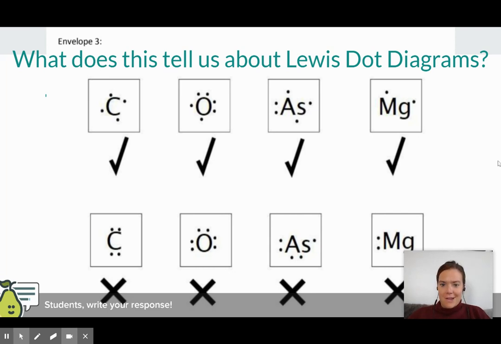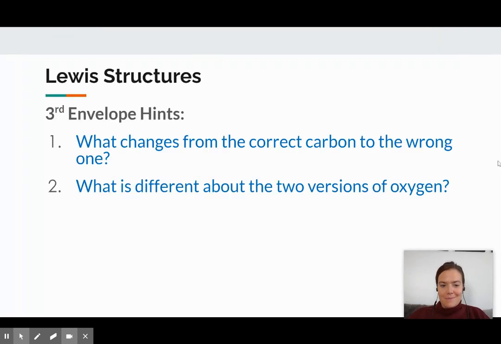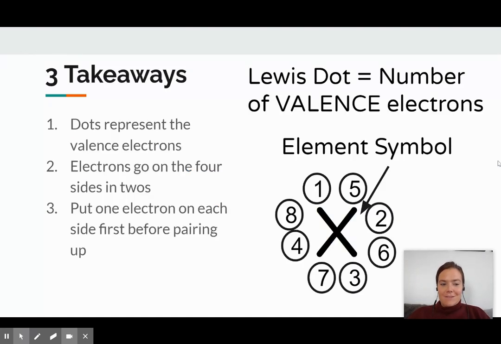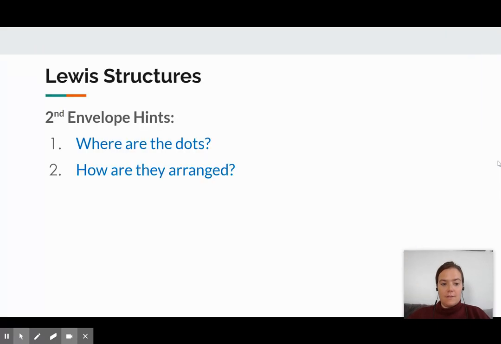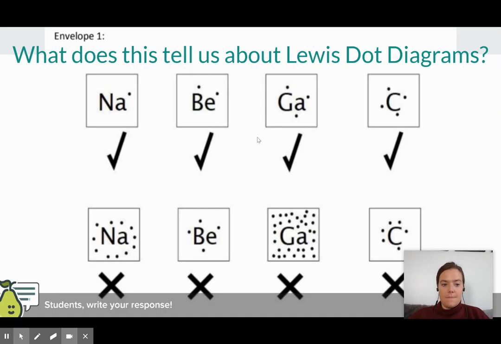All right, so I hope that you came to these conclusions. The first card told us that the dots represent the valence electrons. If we go back to this first card, these are the correct ones, these are the incorrect ones. These show dots for each of the total electrons that the element has.